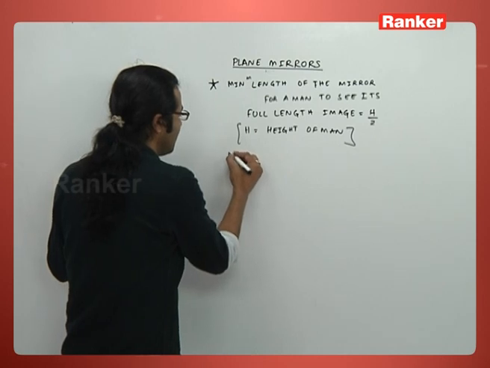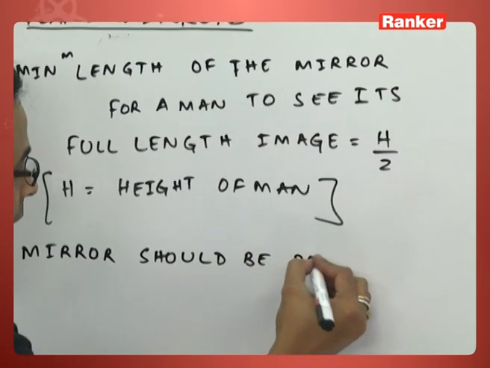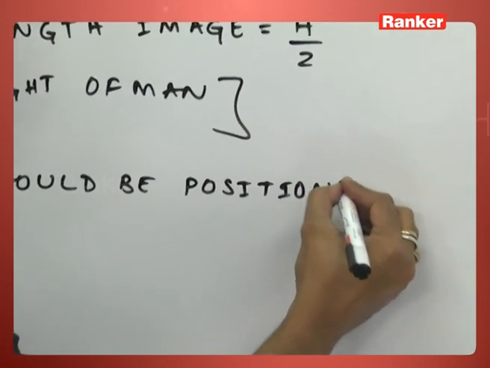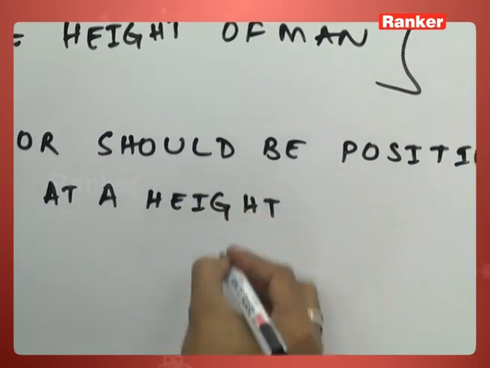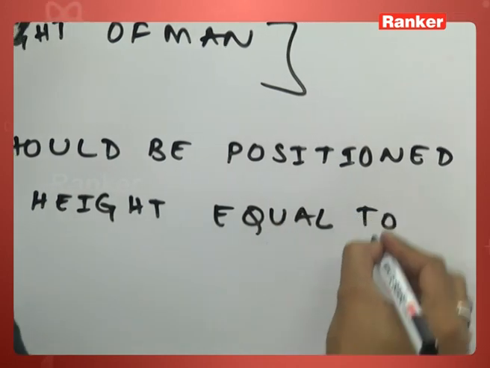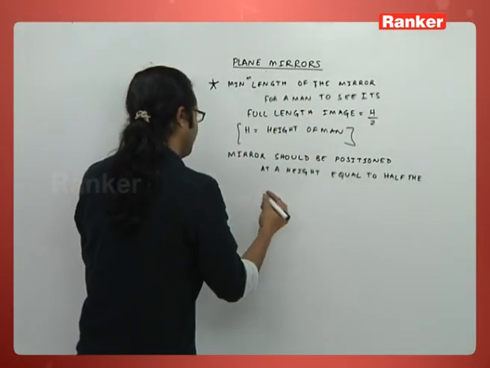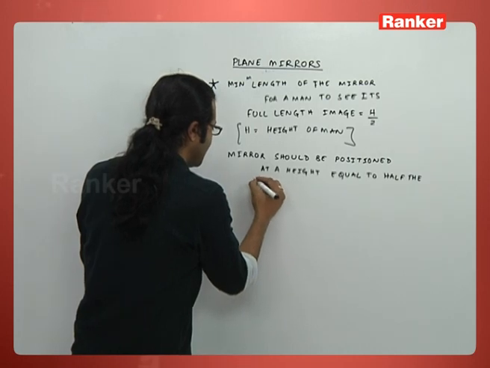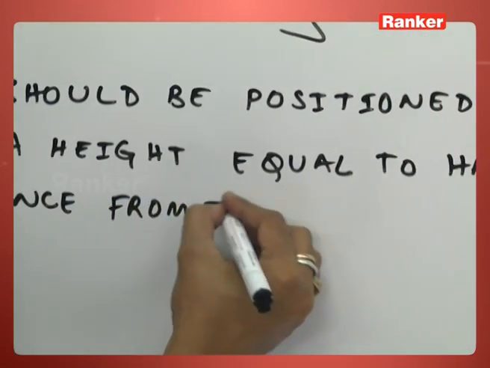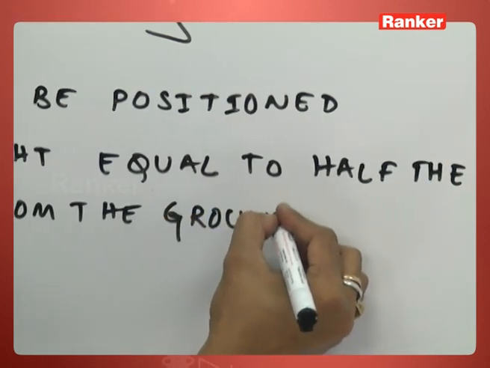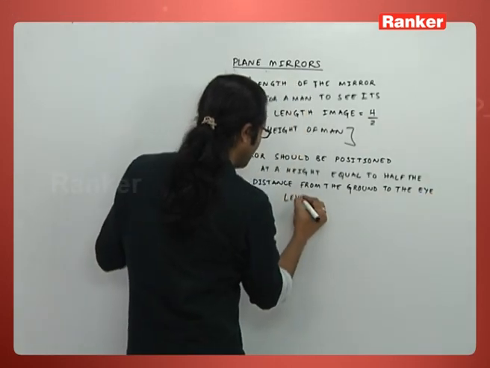So here we can say the mirror should be positioned at a height equal to half the height, half the distance from the ground to the eye level of man.